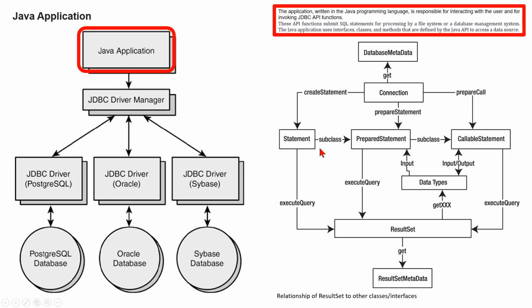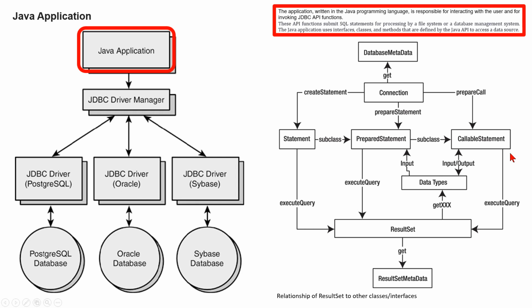Interface Statement: an object used for executing a static SQL statement and returning the results it produces. Interface PreparedStatement: an object that represents a precompiled SQL statement. Interface CallableStatement: the interface used to execute SQL stored procedures.